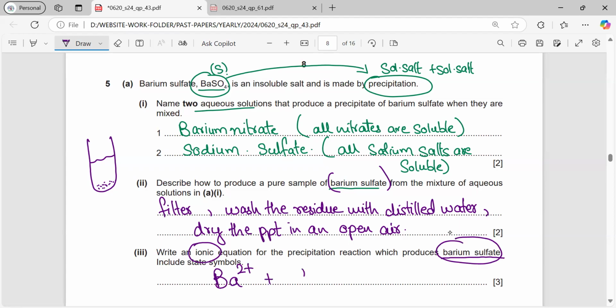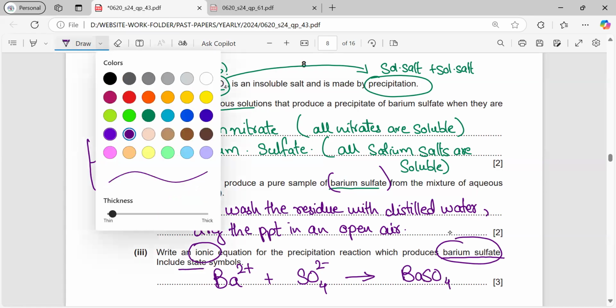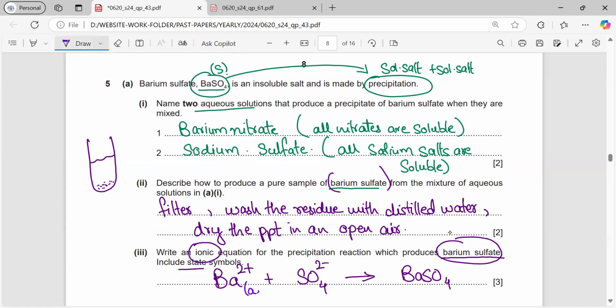The negative ion is sulfate. And they will combine to form barium sulfate. We have to include the state symbols also. All the ions are always aqueous. And barium sulfate, as it's a precipitate, we'll write solid with it.